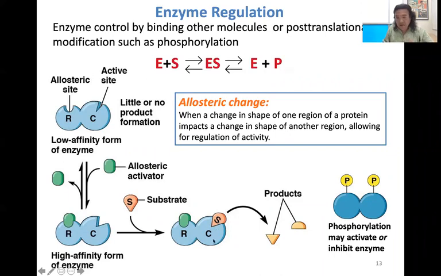And therefore, the function of this enzyme is controlled in an on and off kind of way, allosterically, by this other allosteric activator being added to it. One of the most common ways that this is done is if the thing that's added to it is a phosphate group, right? So phosphorylation of proteins post-translationally is a very important and common way that certain enzymes are switched on or switched off.